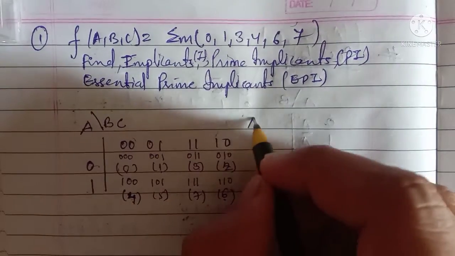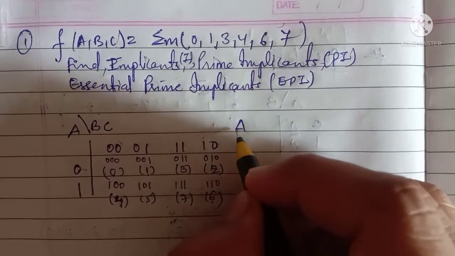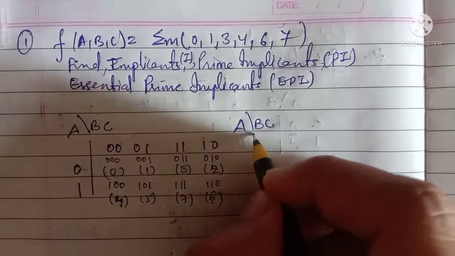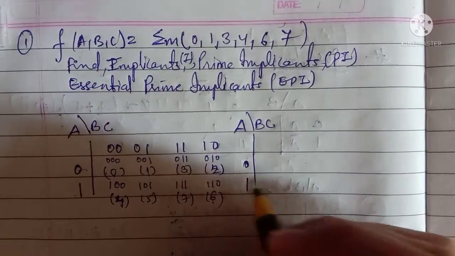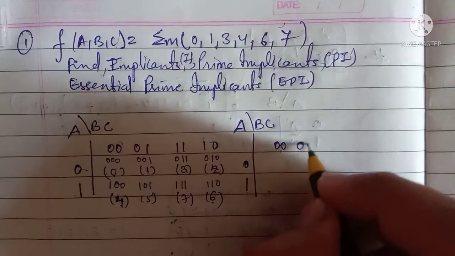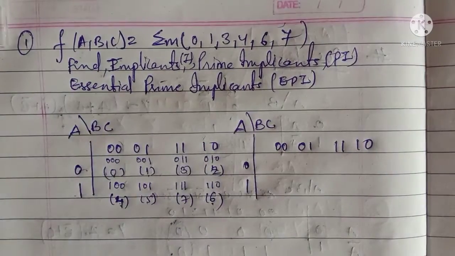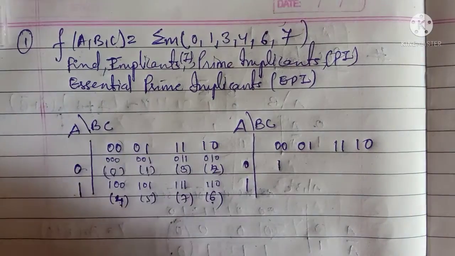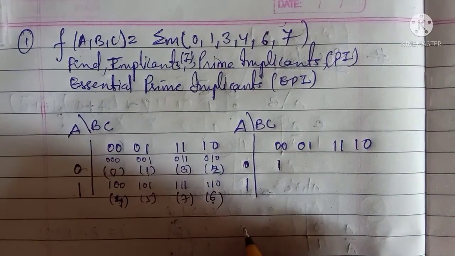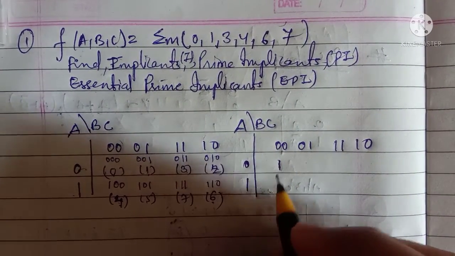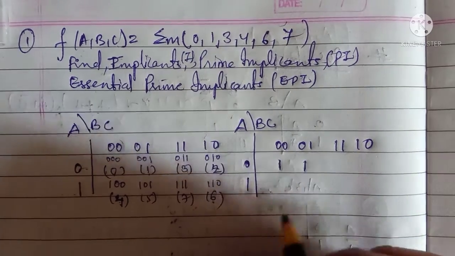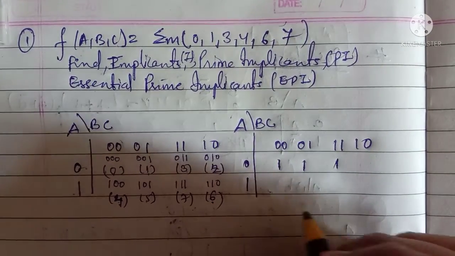So similarly I am drawing this again. Now I am writing directly 1 and 0, whatever min terms are given in the question. Now 0 is given, means 1 will come at the 0 position. 1 is also there, and 3.